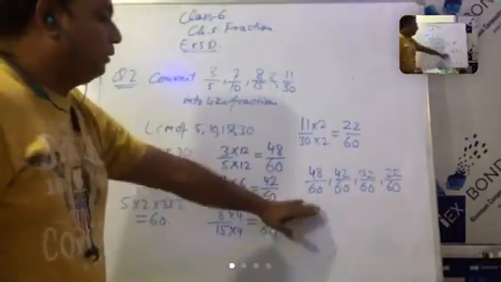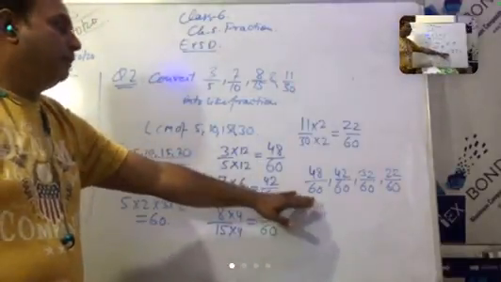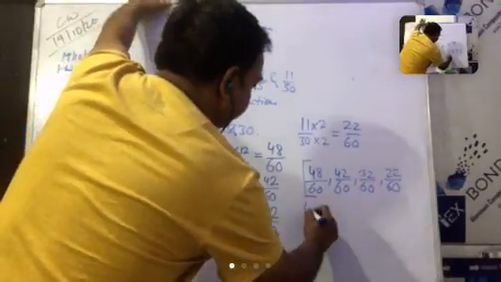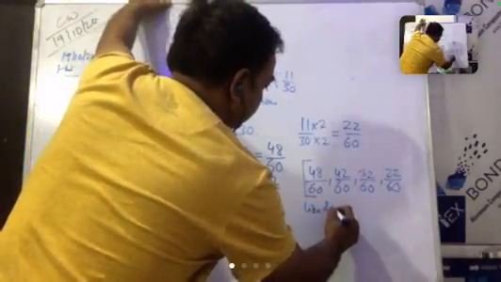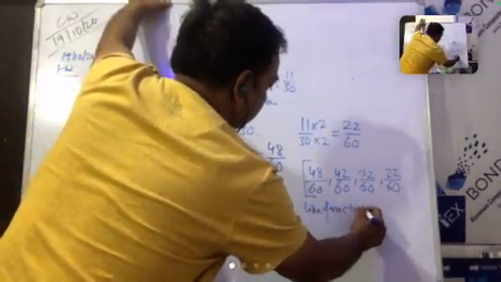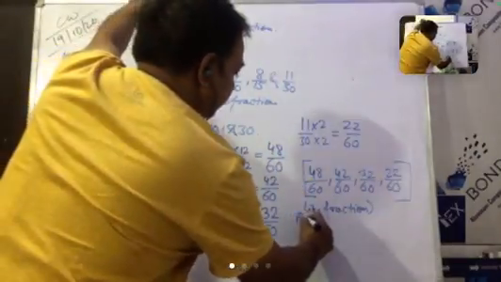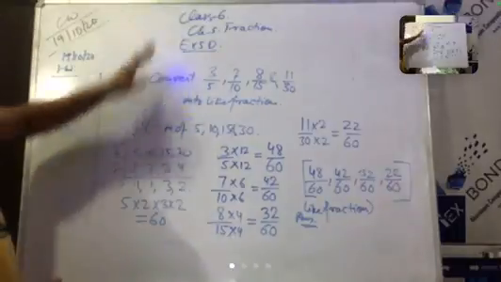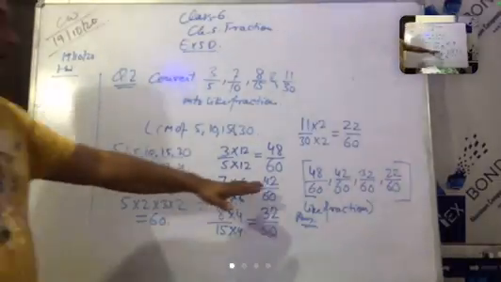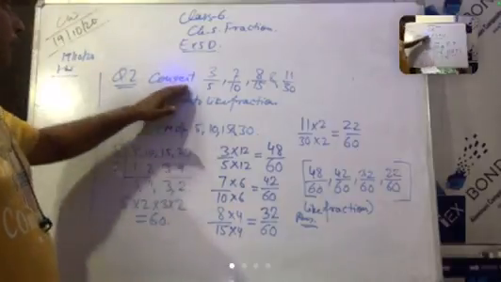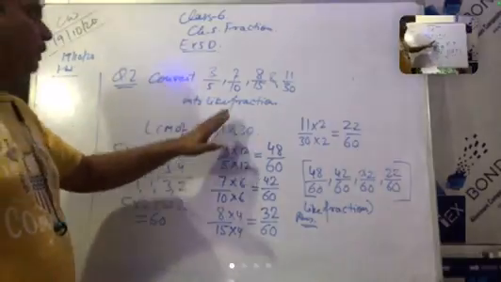You can see now all the denominators are the same. So these are like fractions, and this is the answer. This is the way we convert unlike fractions to like fractions.